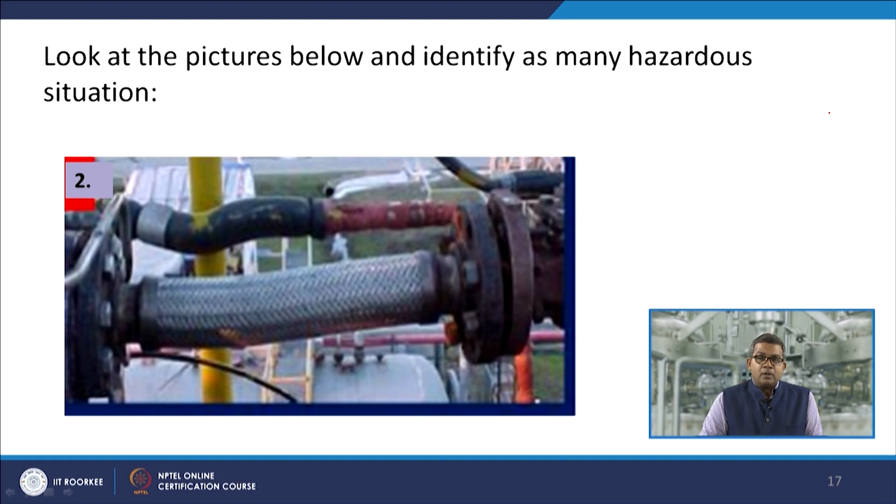The hose behind it appears to be homemade, by attaching a flexible hose to a pipe using a cable tie. So this is again a very dangerous situation, and this kind of makeshift or rough arrangement will not serve its purpose.